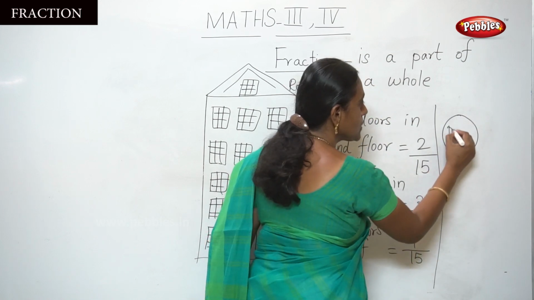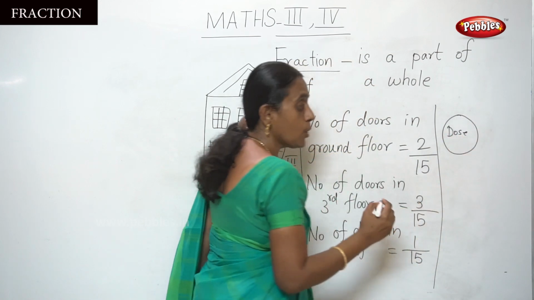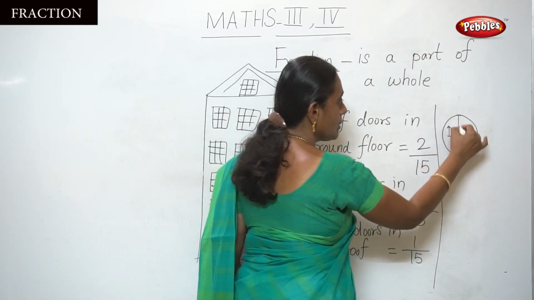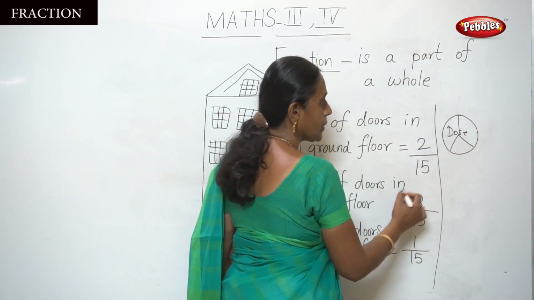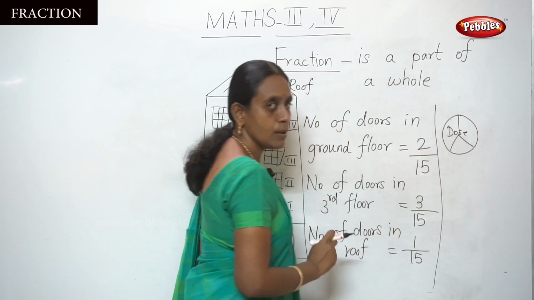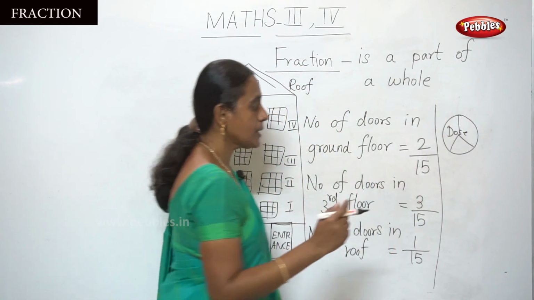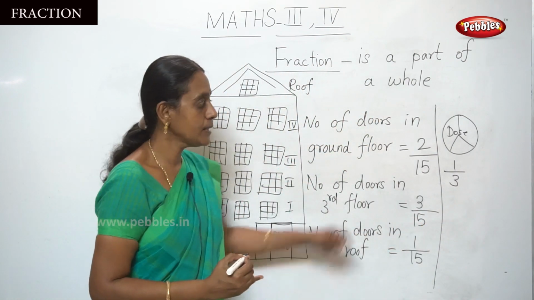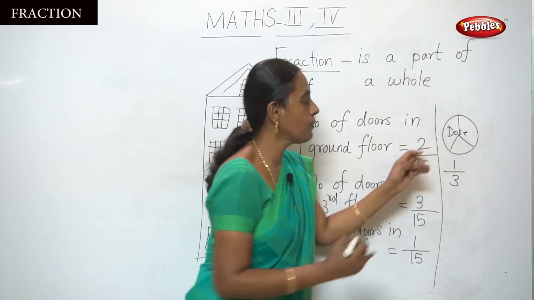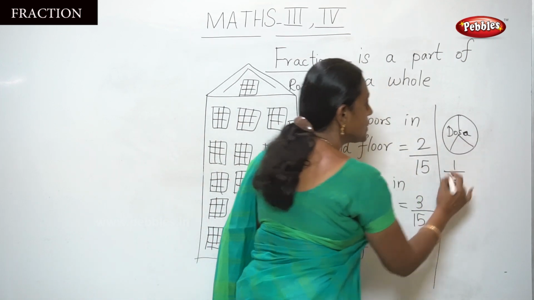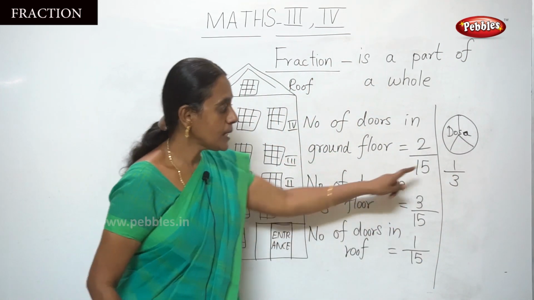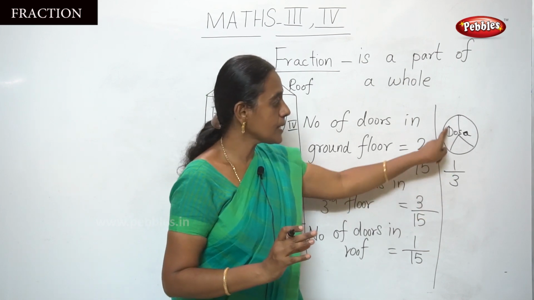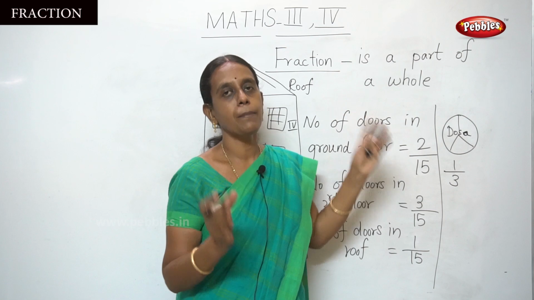Your mom is going to divide it among 3 persons, like this: 1, 2, 3. That is 1 by 3. So each person has one portion of this dosa. So this is a fraction. 1 is the portion each one gets, and 3 is the total number of whole parts.